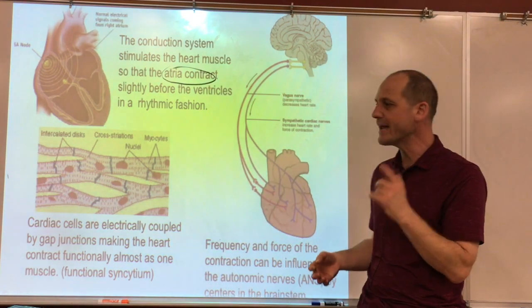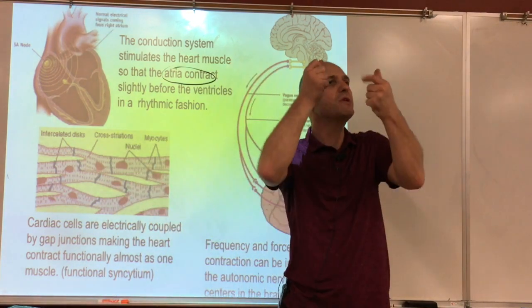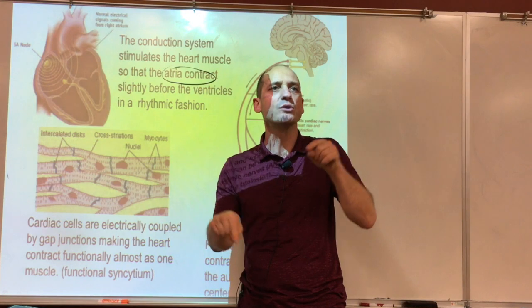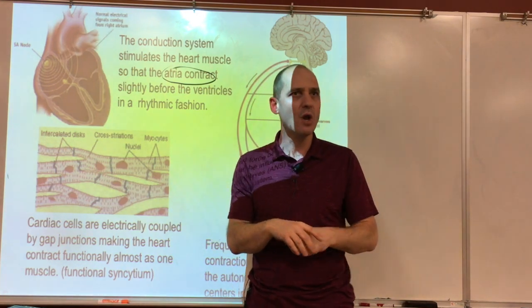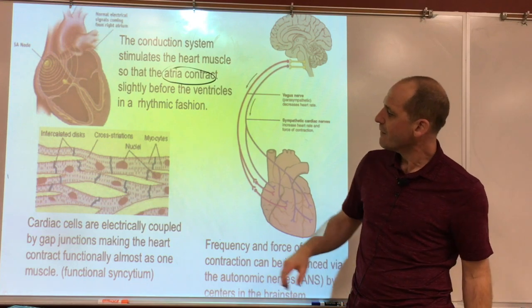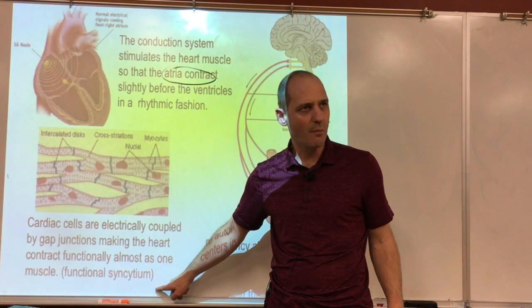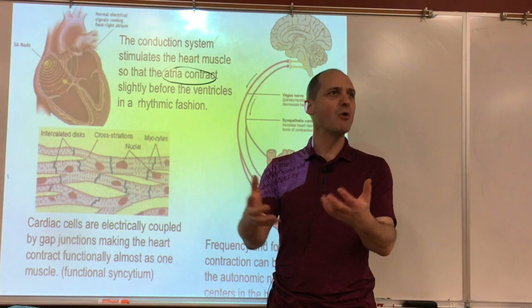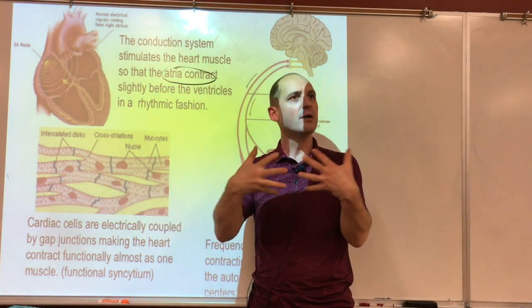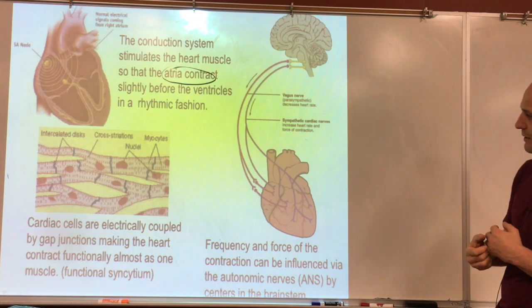So that's why all the cells together can contract as one unit, and they don't all contract individually. They don't all have to have a nerve going to them and stimulating them, not like a skeletal muscle has to. When they contract together as a unit, they call that a functional syncytium. Functionally speaking, they work as one unit, even though there are many different cells attached to one another. So that's kind of interesting.